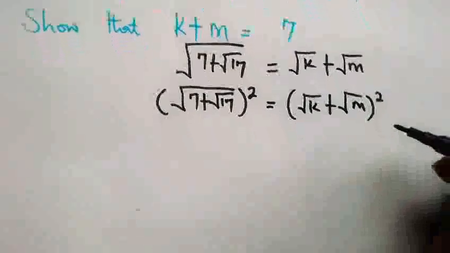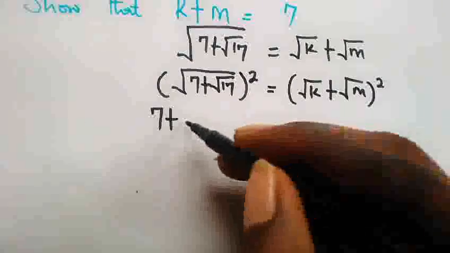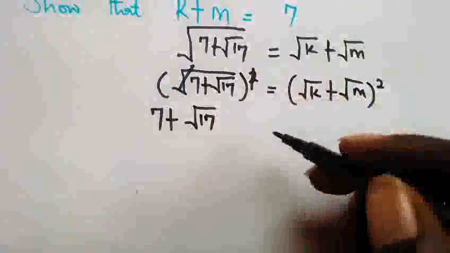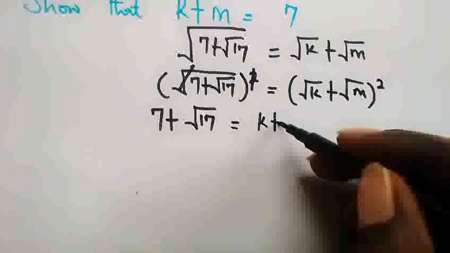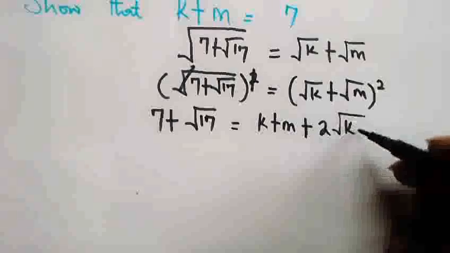Squaring this, we have 7 plus square root of 17, since the square and the square root cancel out. And on the right we have k plus m plus 2 square root of k times m.